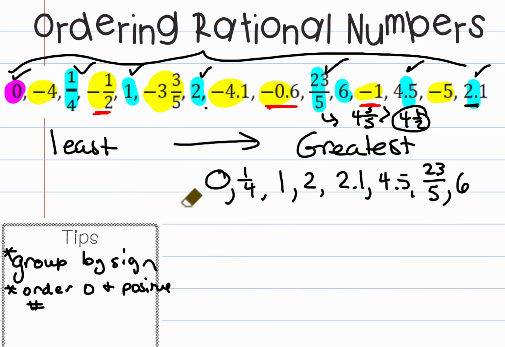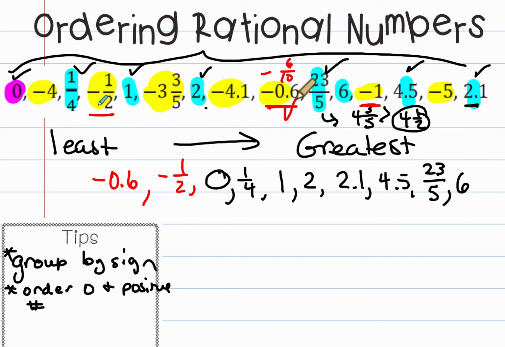Well, I know -1 is definitely less than 0, but there's some numbers that are between -1 and 0, and that's that -6/10 and the -1/2. Well, which one's bigger? Well, if I make 6/10 a fraction, I know 5 out of 10 is exactly half, which means this is a little less than a half, which means -1/2 is closer to 0 than -6/10.